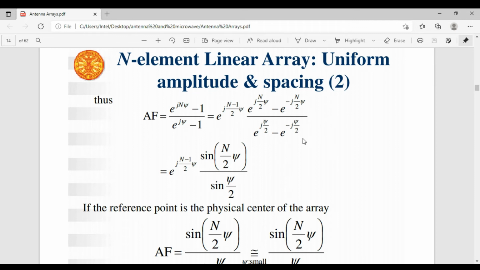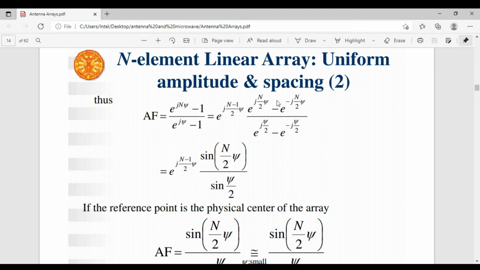The same in the denominator: e power j psi by 2 plus e power j psi by 2, minus e power j psi by 2 into e power minus j psi by 2. So the common e power j psi by 2, we are taking outside. We are combining that together. It is e power j (n minus 1) by 2 psi.